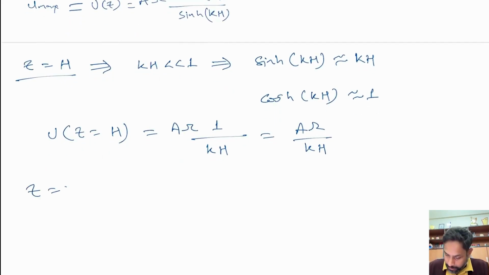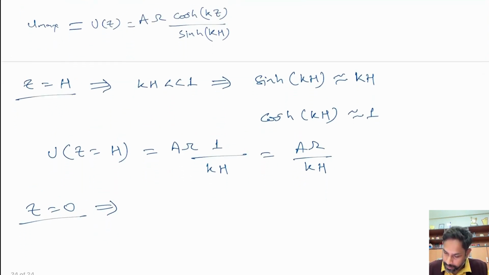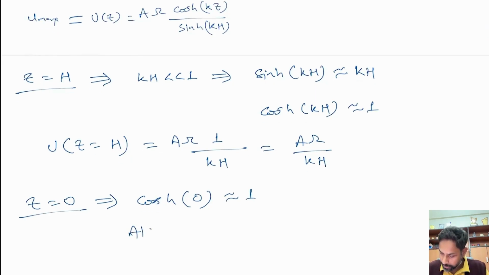When z is equal to 0, that means that cosh of 0 is anyway equal to 1. And also sinh of kh is already equal to kh.